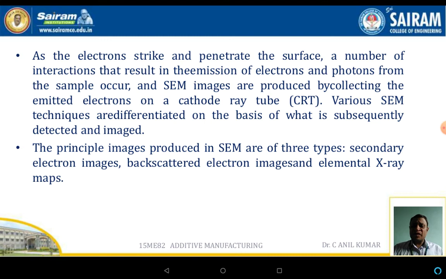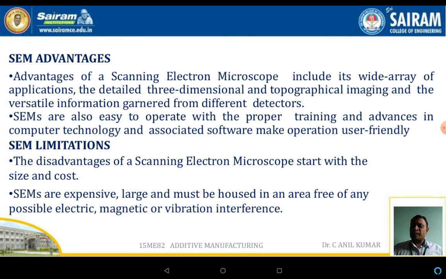The SEM images are produced by collecting the emitted electrons on a cathode ray tube. The various SEM techniques are differentiated on the basis of what is subsequently detected and imaged. The principal images produced in the SEM are of three types: secondary electron images, backscattered electron images and elemental X-ray maps.